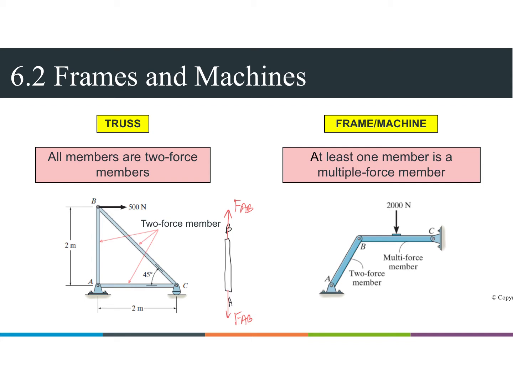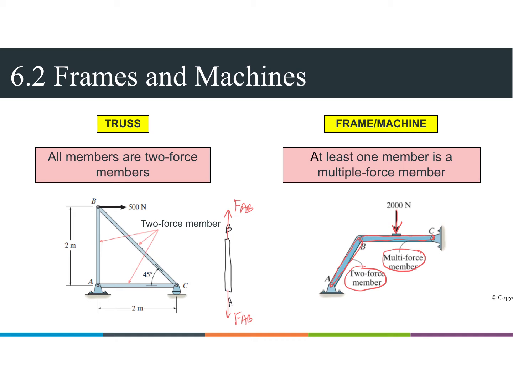As compared with a frame or machine, at least one member is a multiple-force member. They still use two-force members here and here, but this one is a multi-force member, meaning there is an external load along the BC member.